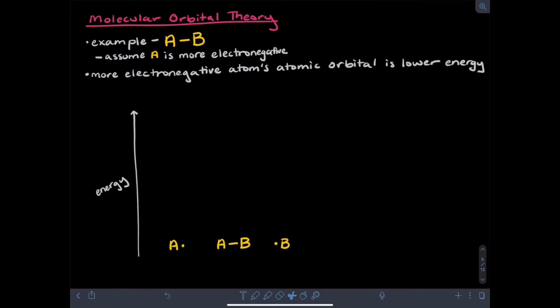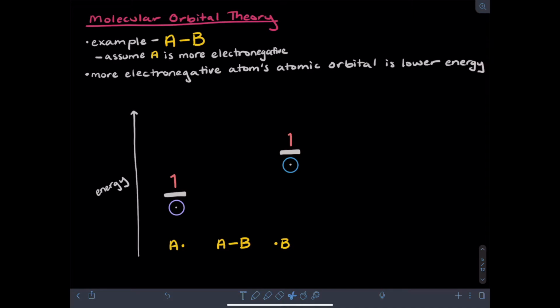So let's construct our molecular orbital diagram for A and B coming together to form AB. Because A is more electronegative, its atomic orbital starting out is going to be lower in energy than B's atomic orbital. I'm making an assumption here that each atom is just using its s orbital to form a bond.